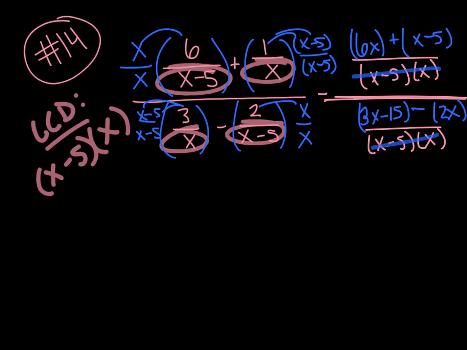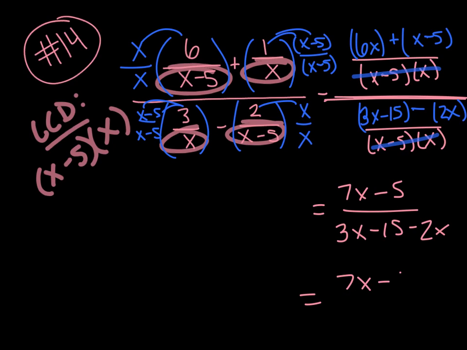Denominators are gone. And you've got 6x plus x is 7x plus x minus 5 over 3x minus 15 minus 2x. Combine your like terms, x minus 15.